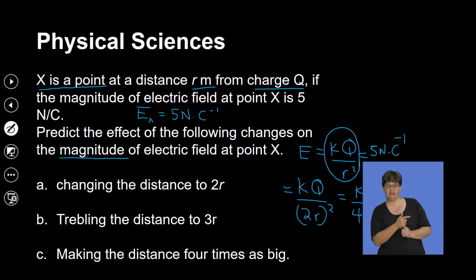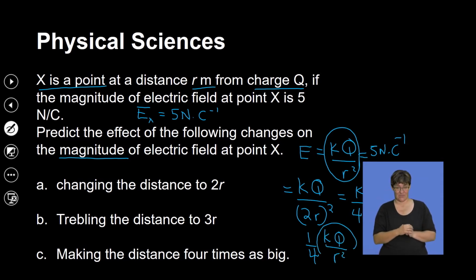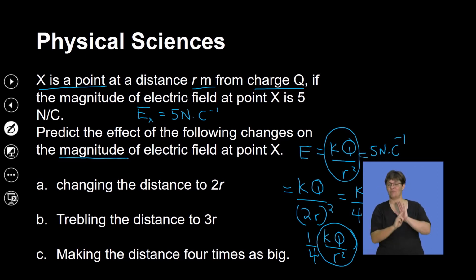Immediately I can tell that this is a quarter of kQ over r squared, which we know is represented by 5 newtons per coulomb. So already we can tell that this is a quarter of 5 newtons per coulomb, which is 5 over 4 newtons per coulomb. You can tell that the force experienced by a unit positive charge decreases.